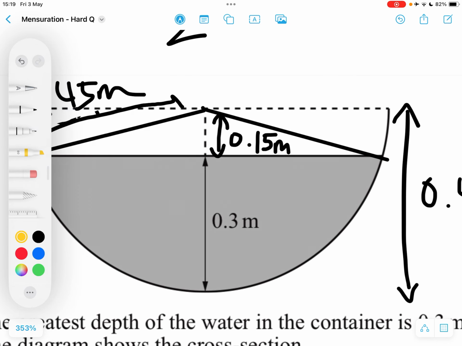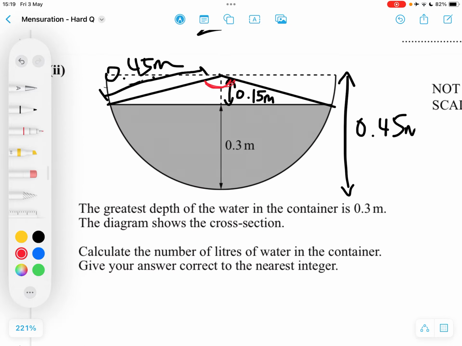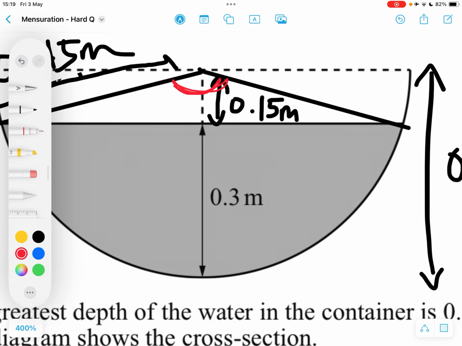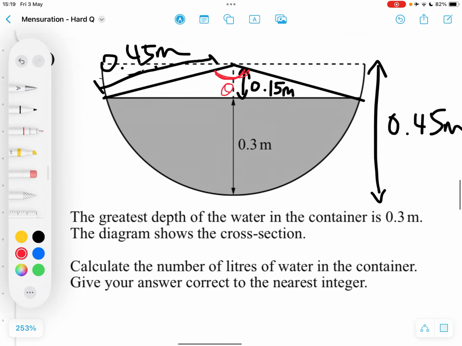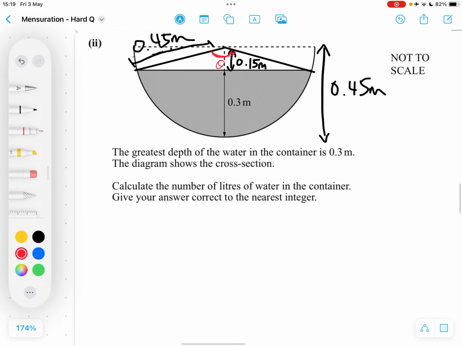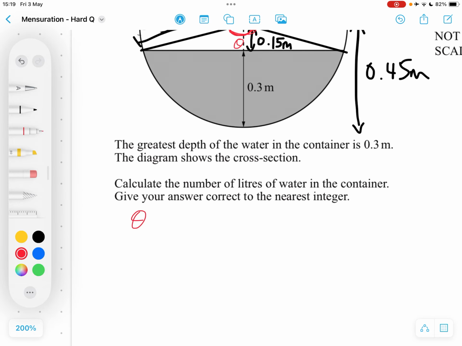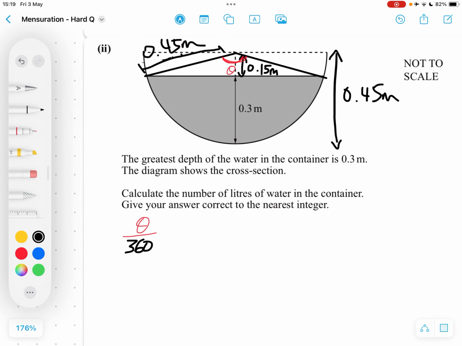So now we know how to calculate the area of a sector. All we have to do is find the measure of this angle right here. So let that angle be theta. The area of the sector is equal to theta over 360, because it's a fraction of an entire circle.